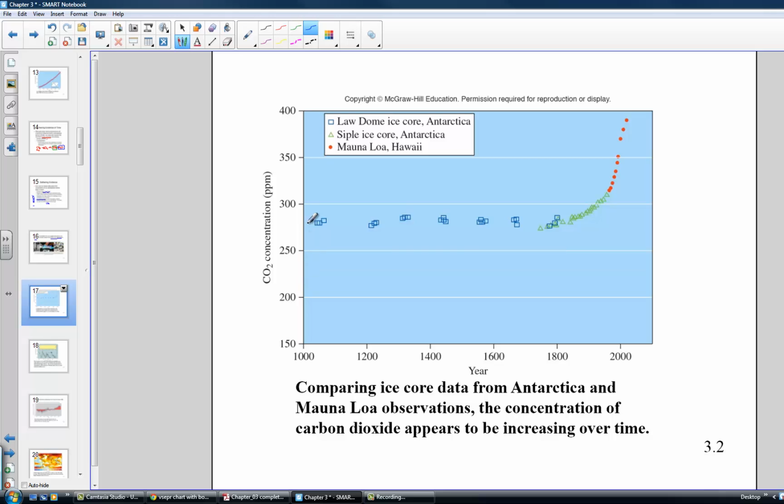So this is way back in time, year 1000, this is year 2000, and you can start to see the concentration of CO2 significantly change. Pretty level through approximately 1,000 years. And then in the green, you start to see it rise, and then of course dramatically rise from like 1900 to 2000 and above.